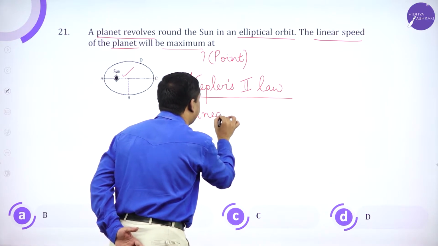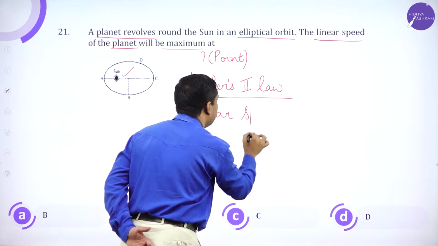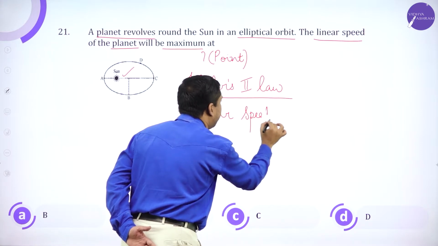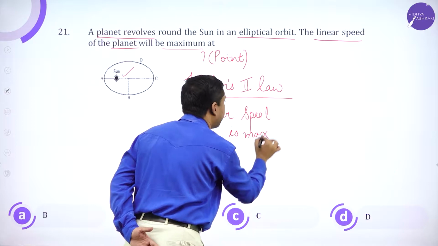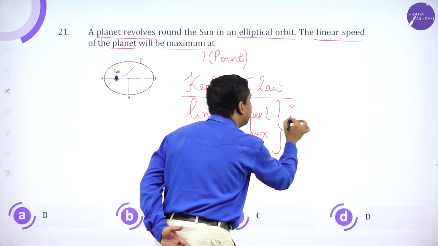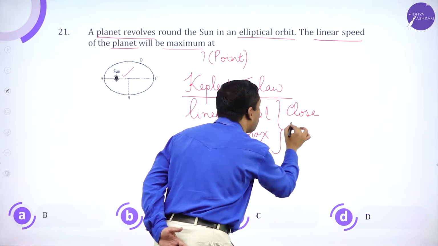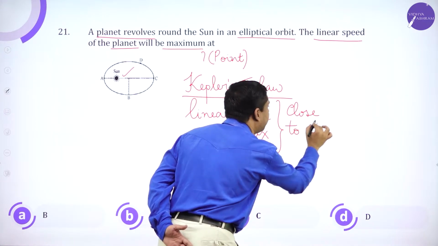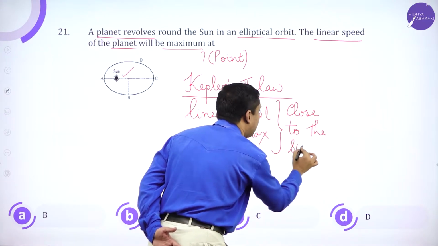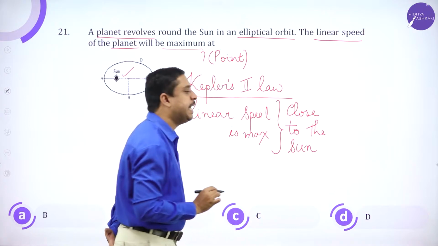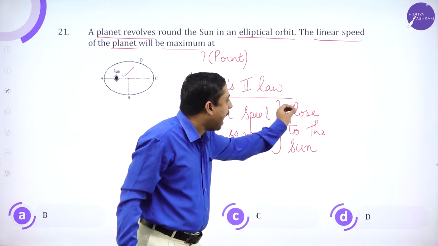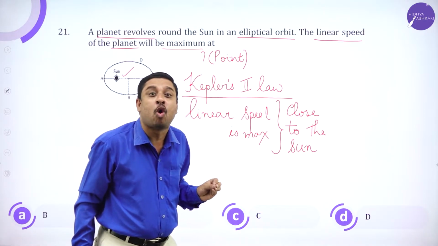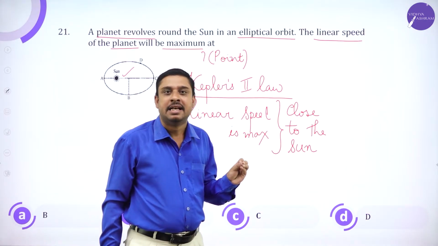Linear speed of the planet is maximum when it is close to the sun. Linear speed is maximum when the planet is close to the sun.